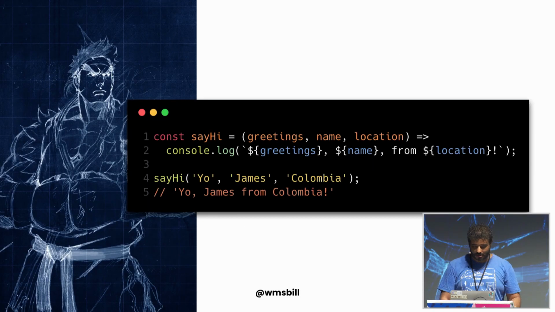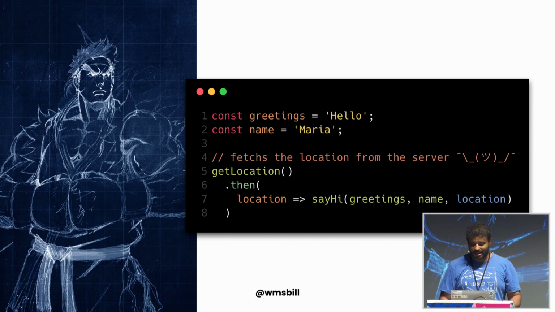So I have this example here with a function sayHi that receives three parameters, the greeting, the name, and the location, and just console logs those. This is straightforward, but what if I need to fetch the location from the server? I don't know why. Then we may end up with this kind of code where we have some parameters assigned before, and whenever this promise chain is resolved, we console log it or call the function.